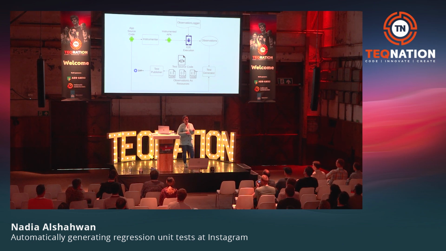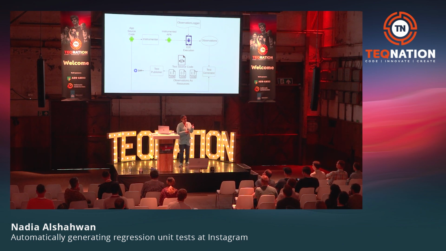For every method call, it will record all the inputs and the output you're returning, and also for every external call you're doing within that unit, it will record what the value returned was, so that you can mock the object. It will also record other things like the state of the object of the class that you are testing, and basically everything you need to create a unit test.